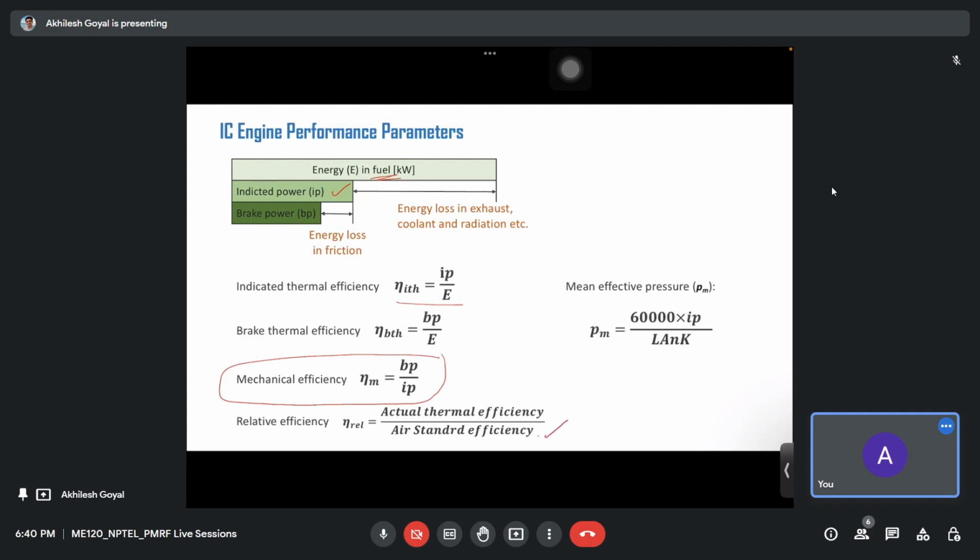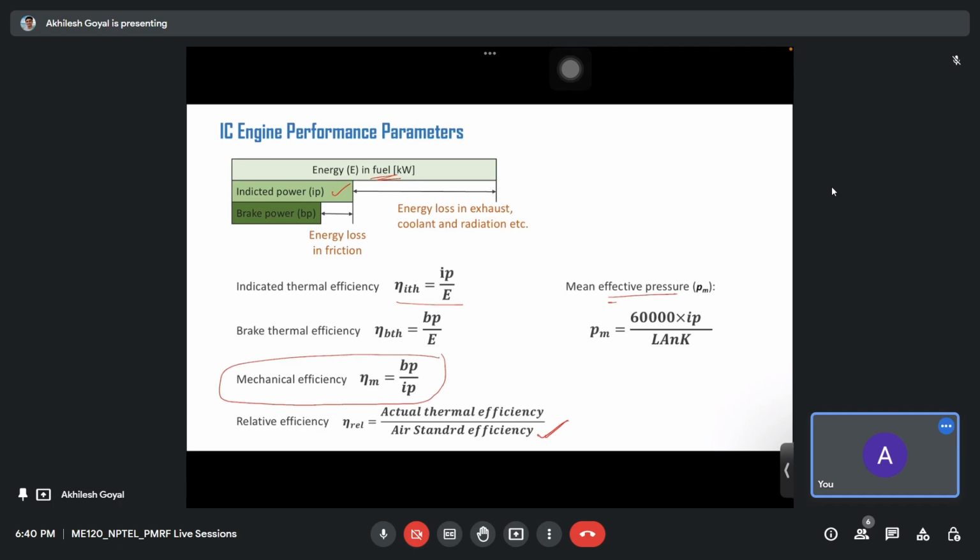This is how relative efficiency is defined, and there is another important term, the mean effective pressure. As we know, we get one power stroke out of four strokes in a four stroke engine, and one power stroke in the case of a two stroke engine.